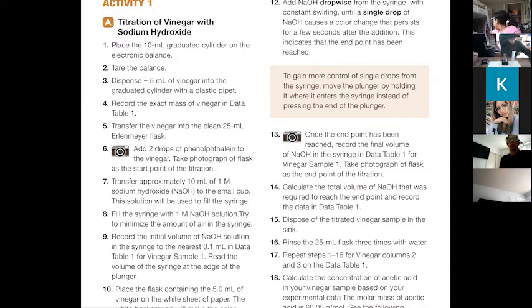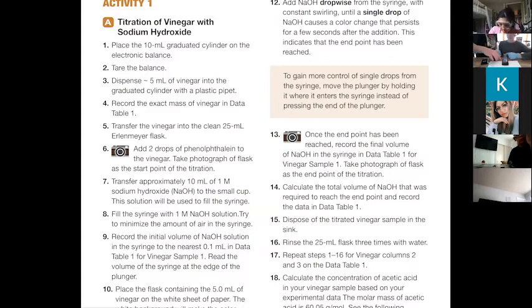And you don't have to have exactly 5 mils, Roger, because what we're going to do is determine exactly how much gets put in here. So around 5. If it's 6, that's fine. Five and a half-ish. Okay, there you go.